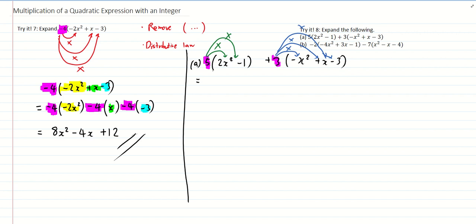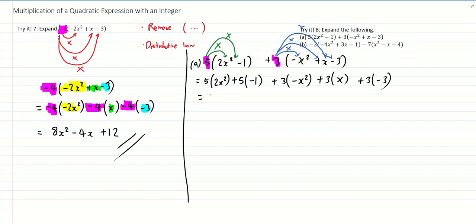We have equals to 5 bracket 2x squared plus 5 bracket negative 1, and then the bracket stops there. Then we have plus 3 bracket negative x squared plus 3 bracket x plus 3 bracket negative 3, and then we just have to simplify everything.